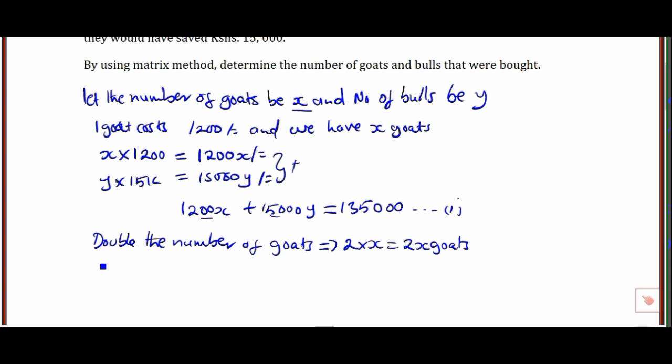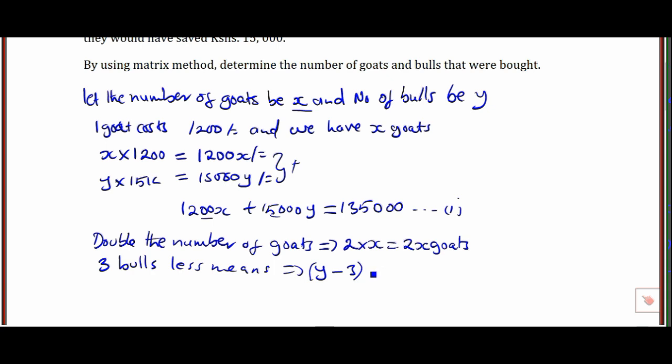And then the number of bulls were less by 3, so you take the number of bulls, which is y, subtract 3.